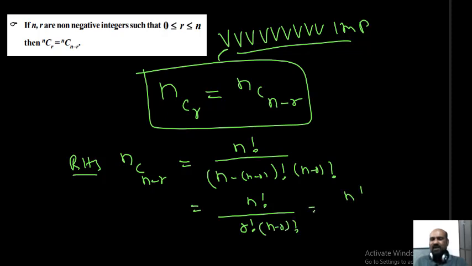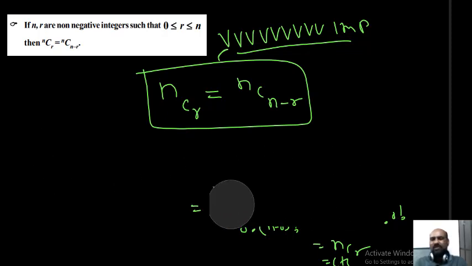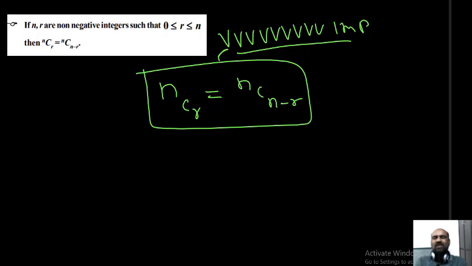Or you write in order: n factorial by (n minus r) factorial into r factorial. This is the formula for nCr only, no? That is LHS. If you take RHS, you get LHS. So in this way you can prove it. There is another way also, but this is the easiest way to prove the thing. But this result is very, very important. Why am I repeatedly saying? For example, we want to find the value of 10C9.